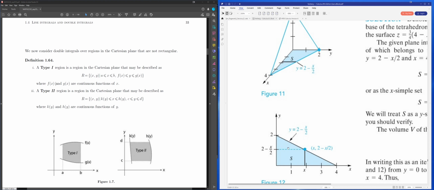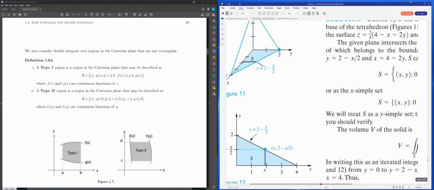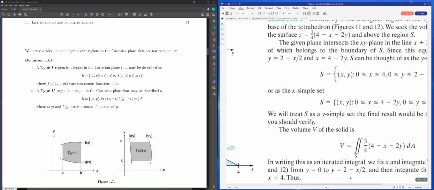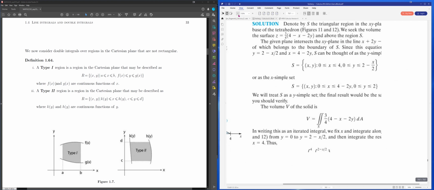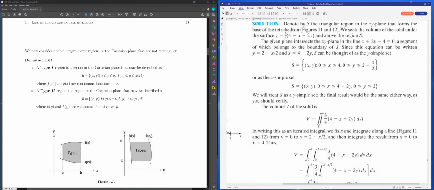So the equation of this line, x in terms of y, would be x is equal to 4 minus 2y. And they in fact worked it out over here. So the equation of the line, which is y is equal to 2 minus x on 2, you can also write as x is equal to 4 minus 2y.